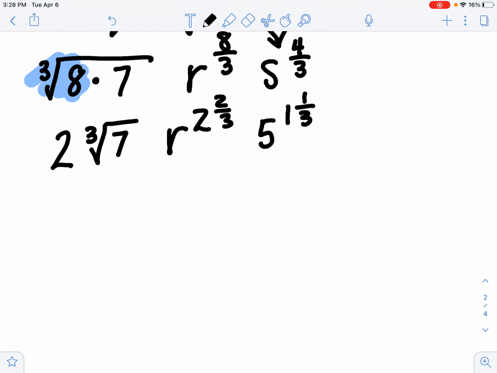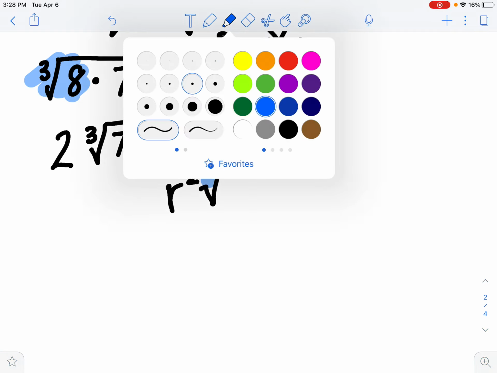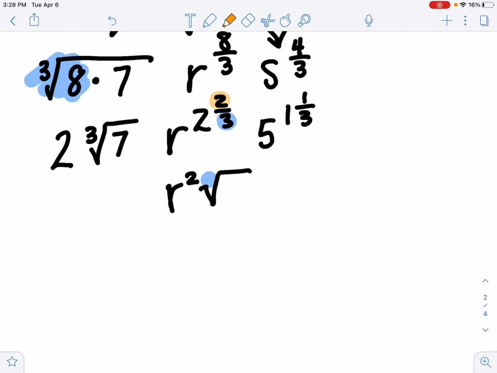Now, writing the variables back into radical form, this is going to be r squared outside, and then remember where everything goes. The 3 is your index, the 2 is the exponent of your variable, so cubed root of r squared. Same thing for the s. I don't know why that's a 5. That's supposed to be an s.